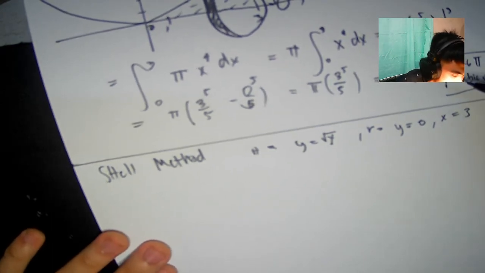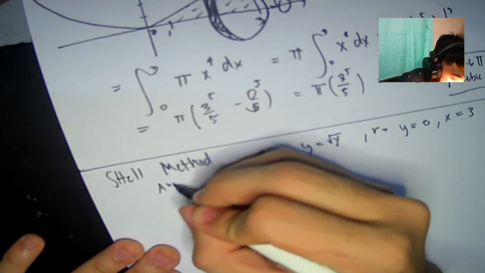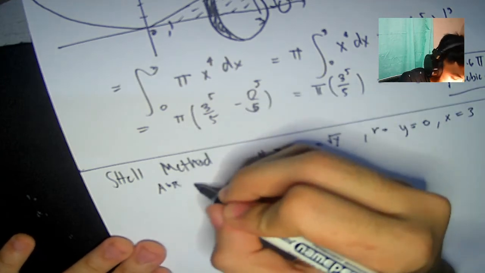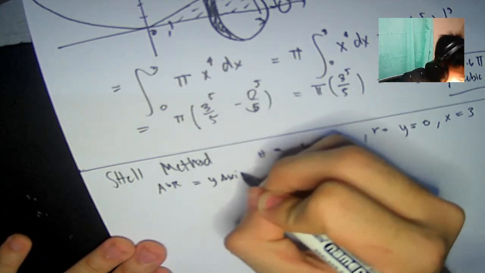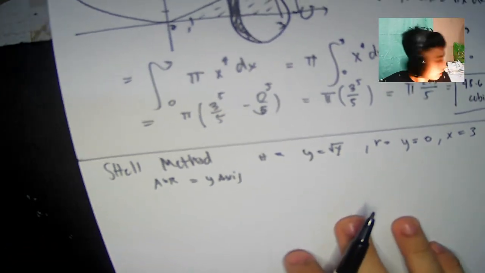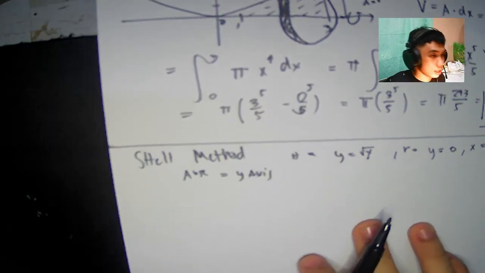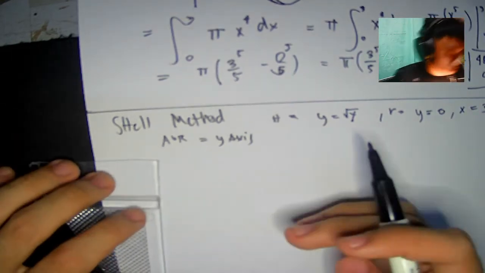So our AOR, or axis of rotation, is the y-axis. So what we're going to do here is first create the plane.